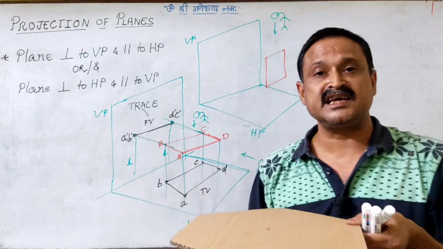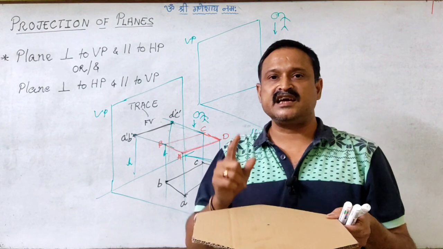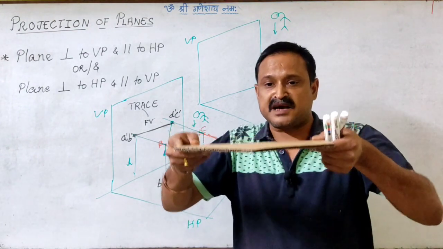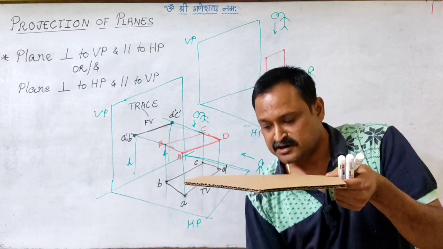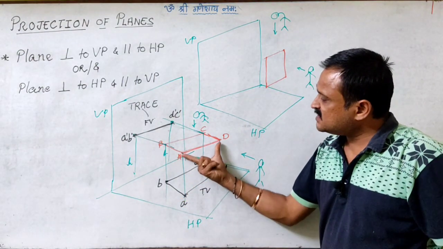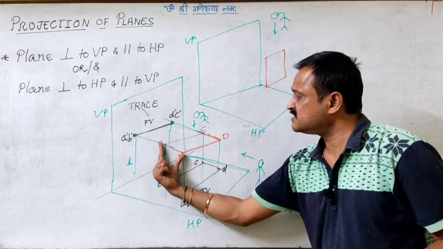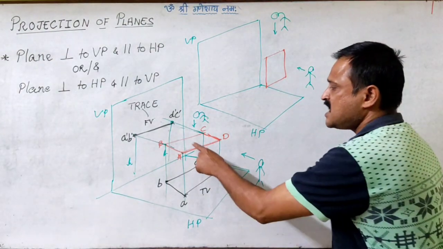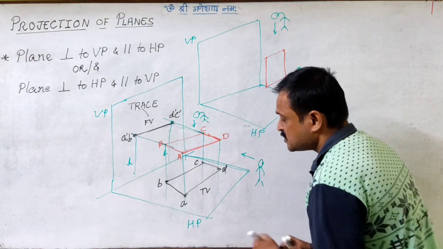In the projection of lines, we have understood that when a line is parallel to a plane, we get its true length in that plane itself. So if it is parallel to HP, I am able to see all the length images to be true images. Whatever is the length AD, this is dropped in the top view. Whatever is the length AB, that is dropped in the image. So whatever shape this plane has, I am able to see the same shape.